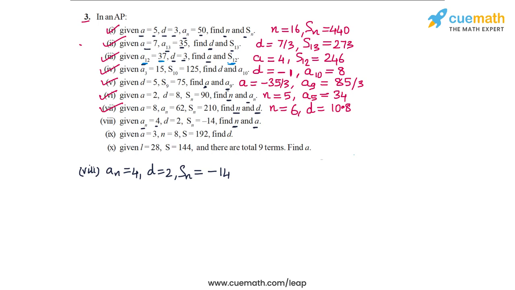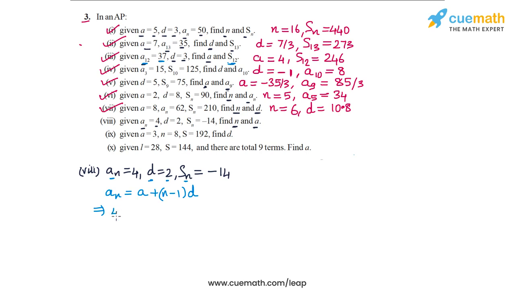So we don't have a, we don't have n, but we do have the common difference d, and we do have the nth term, and we do have the sum of terms up to the nth term. Okay, so let's first make use of the relation an in terms of a and d. So an is a plus n minus 1 times d.